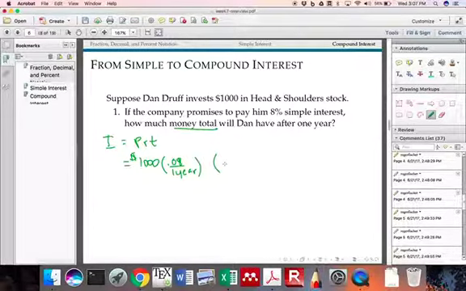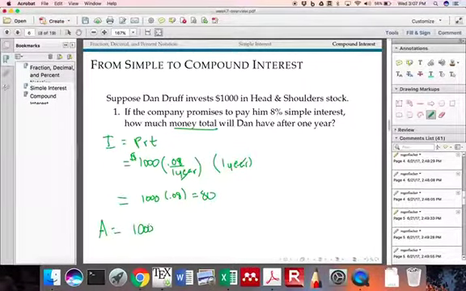Times, let's see, 1 year is 1,000 times 0.08, which is, I believe, $80. So now amount equals 1,000 plus 80 equals 1,080.